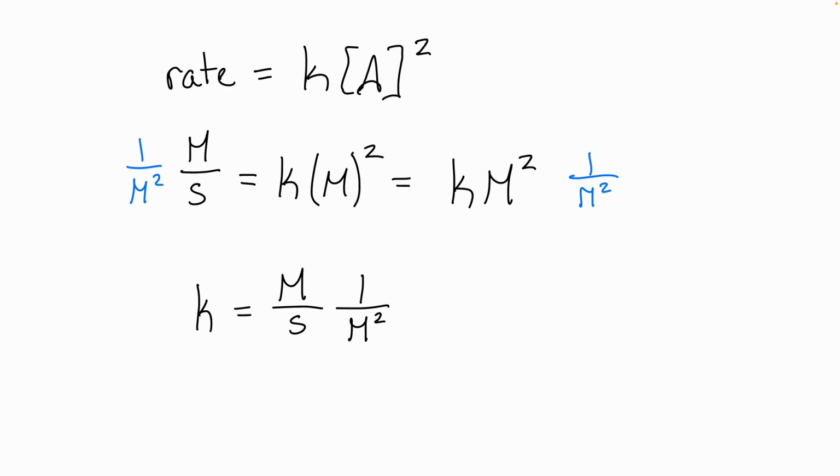And importantly, whenever you see that square, I think it's kind of subtle but really important to remember that that square means M times M, right? I mean, that's what it means to square something, is to multiply it by itself. So one of these M's will cancel out with one of those M's, and I'll be left with 1 over s M, all right? Per second per molar.